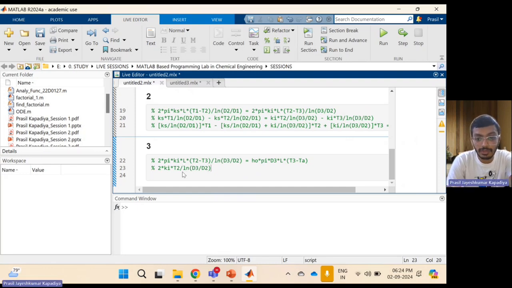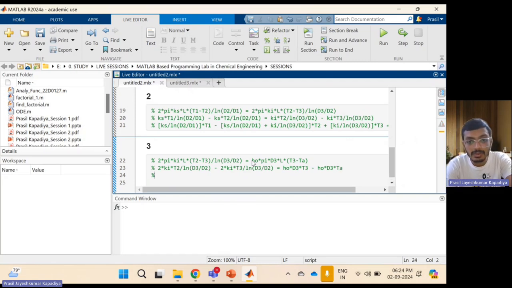Okay, let's first write down all equations. Minus same equation but with coefficient of T3. T3 is equal to this whole term into T3, where L is cancelled out and pi is cancelled out, and the same term minus T, minus this T.